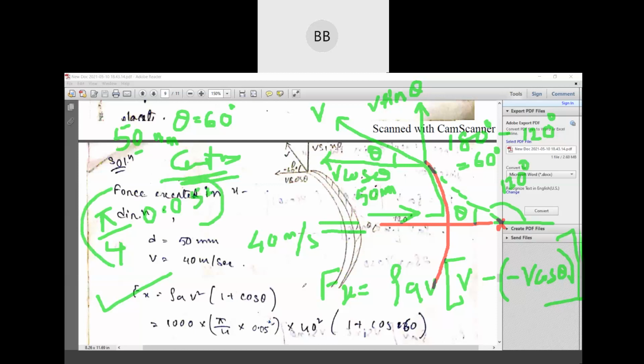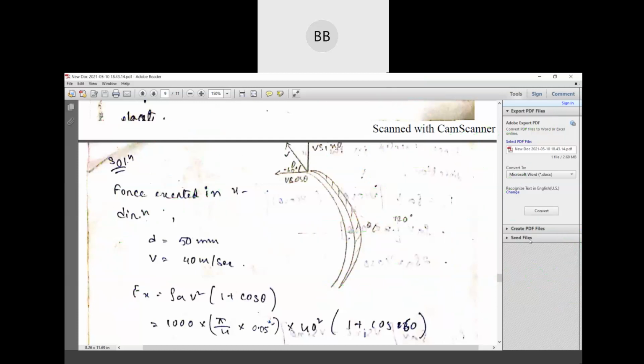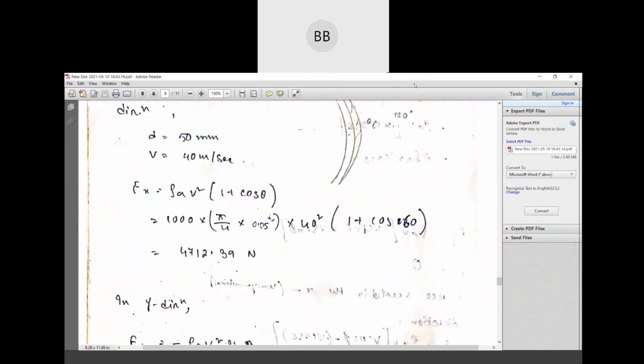So in place of rho you put 1000, area you put pi by 4, 0.05 square. Velocity is given 40 meter per second, then here also 40, cos theta, so cos 60 degree. The value is 4712.39 Newton.